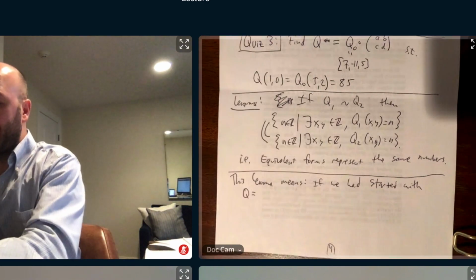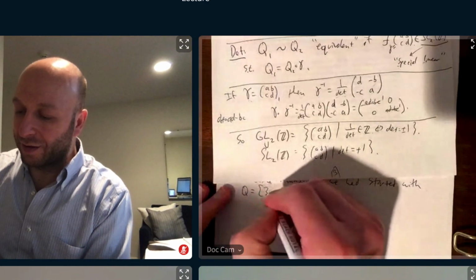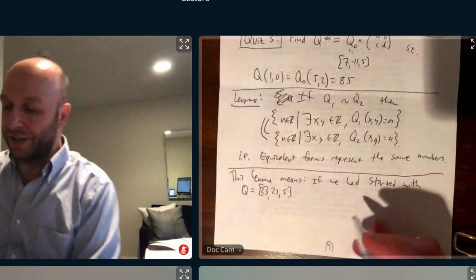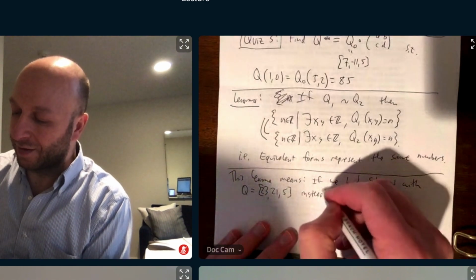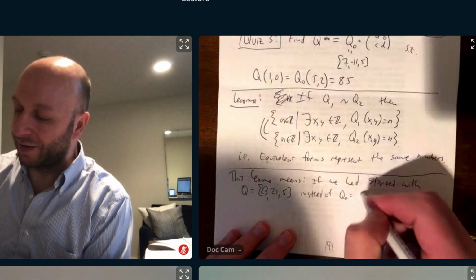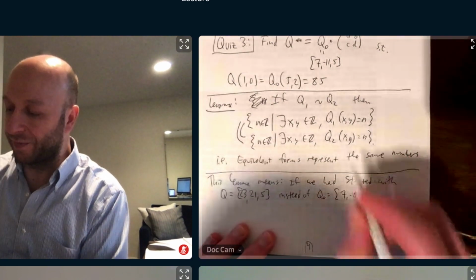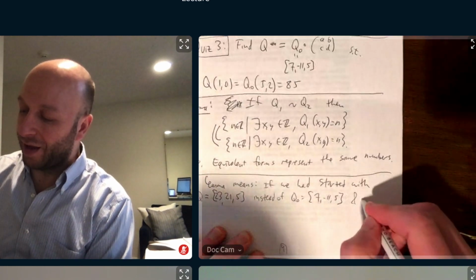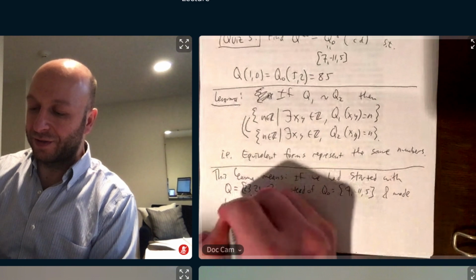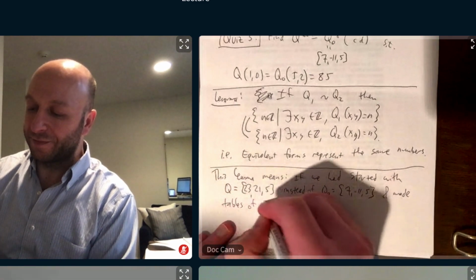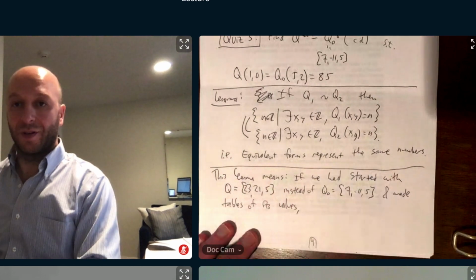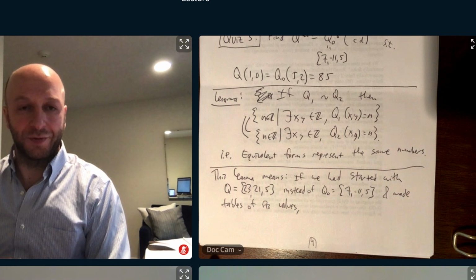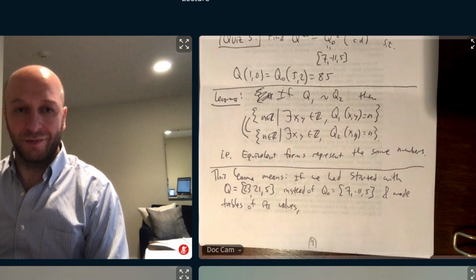Here, 23, 21, 5, instead of our Q0, 7, negative 11, 5, and started and made tables of its values. What's the conclusion? Do you guys want to write in the chat what the point is that I'm trying to make?